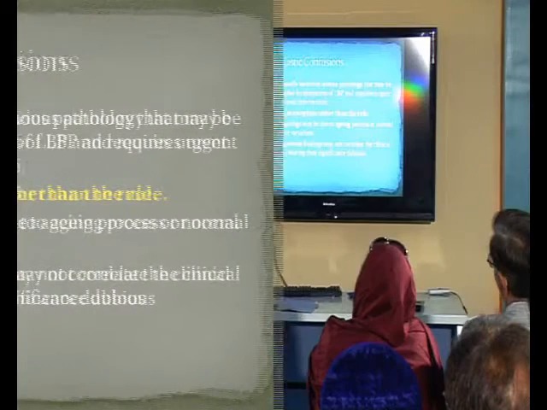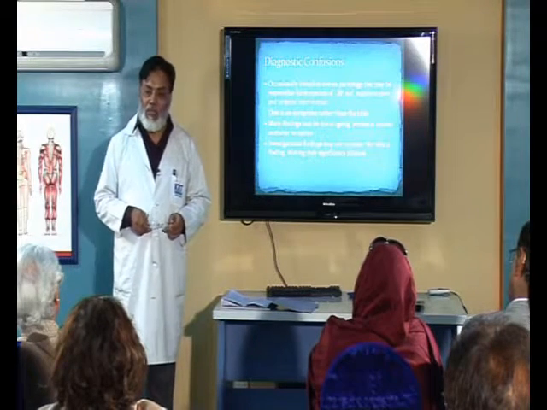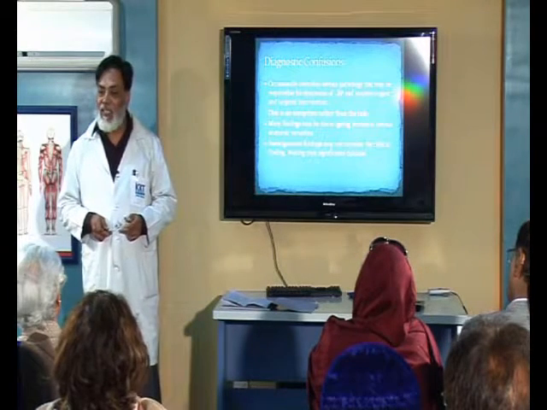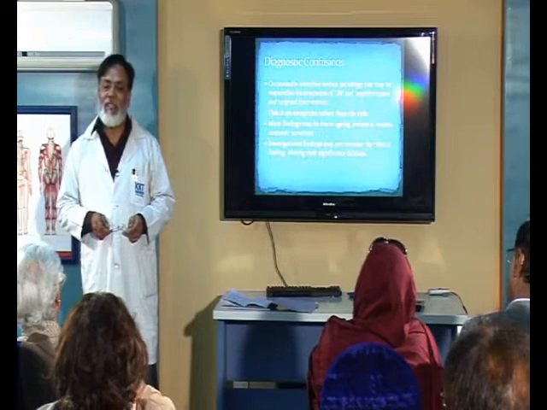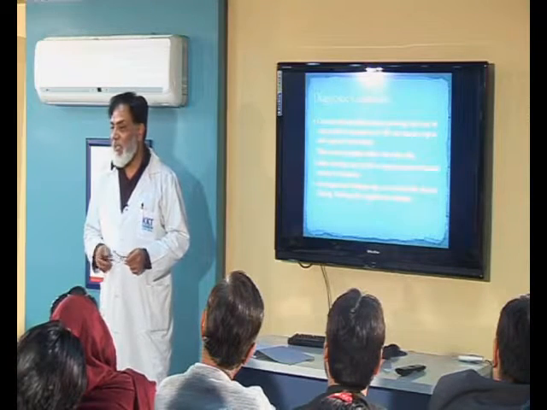I'll give an example: you find an MRI which shows disc prolapse compressing over nerve root on the right side. When you look at the patient, he is suffering from pain on the left side. Now how to explain it? There is no correlation.